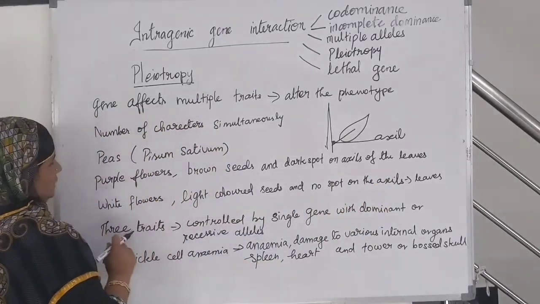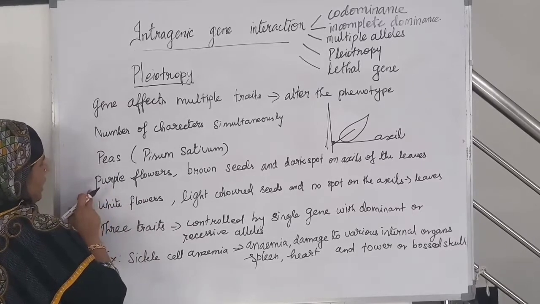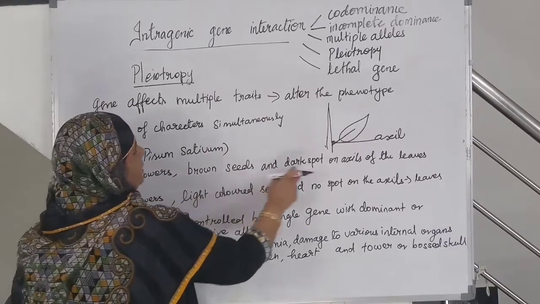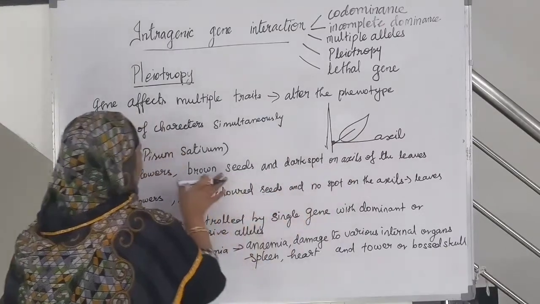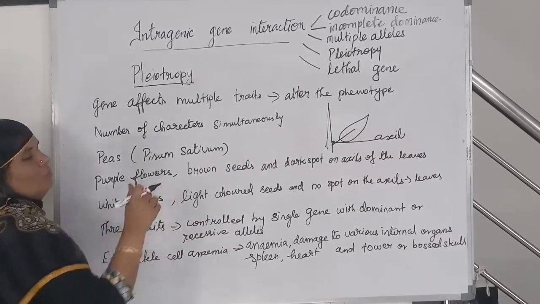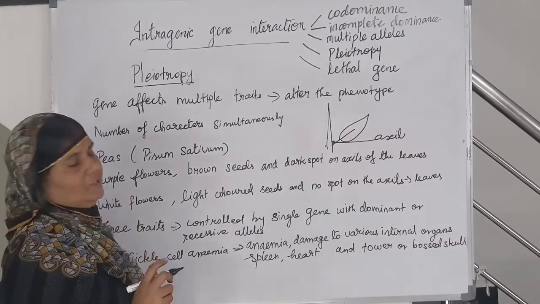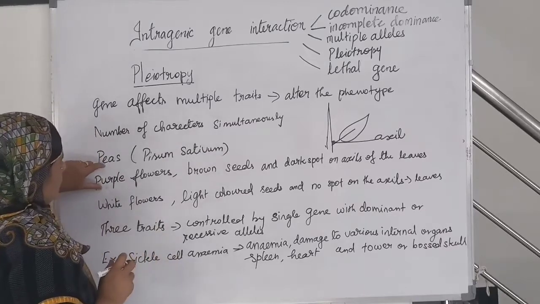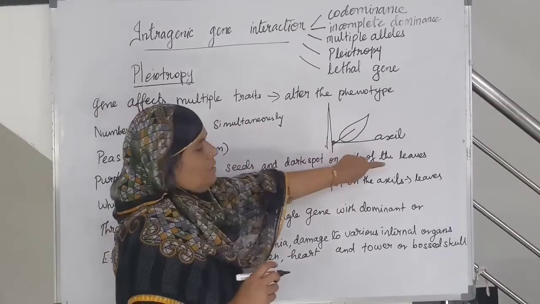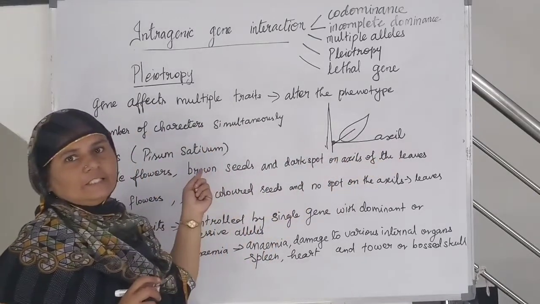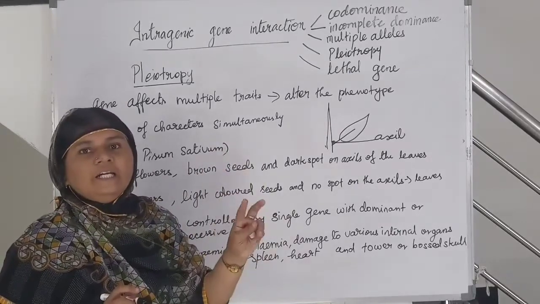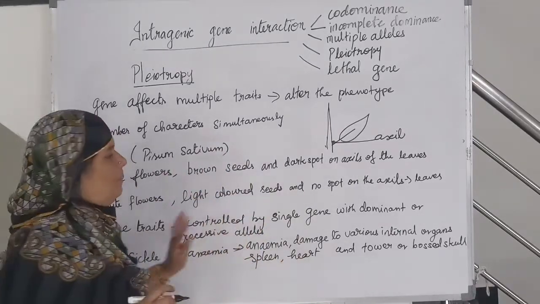But he got the result of plants with purple flowers, brown seeds and spots on the axils. Why were all inherited together in the same plant? Because they are controlled by a single gene. The single gene causes all these characters, purple flowers, brown seeds and a dark spot on the axils. So all the characters are inherited together in the plant.